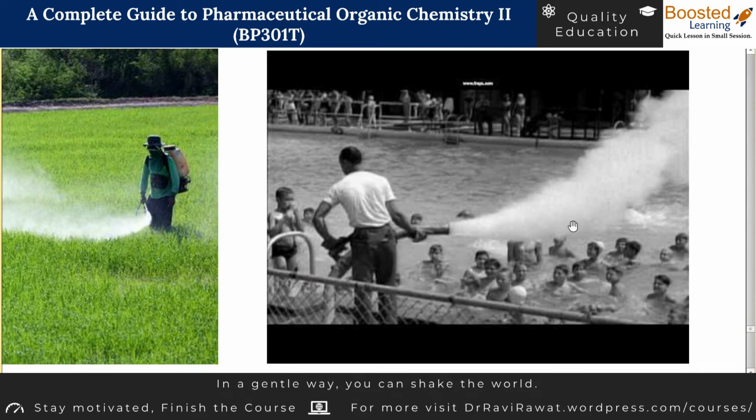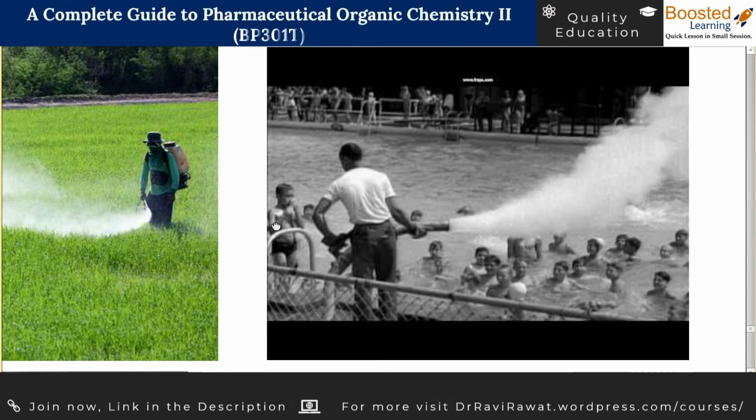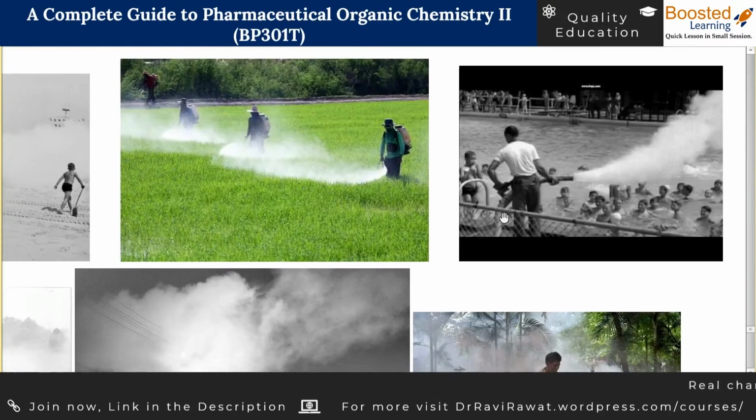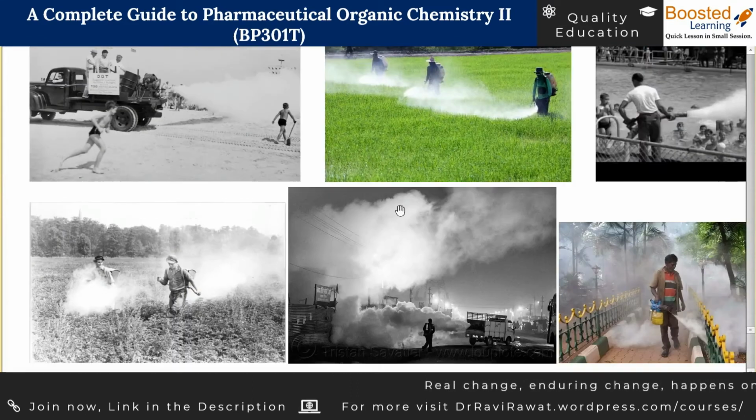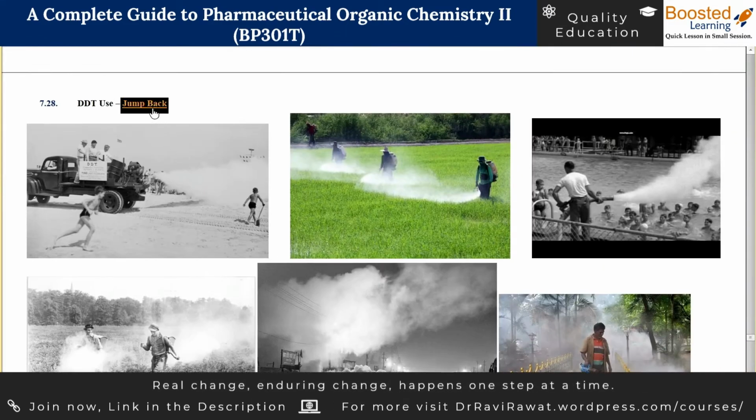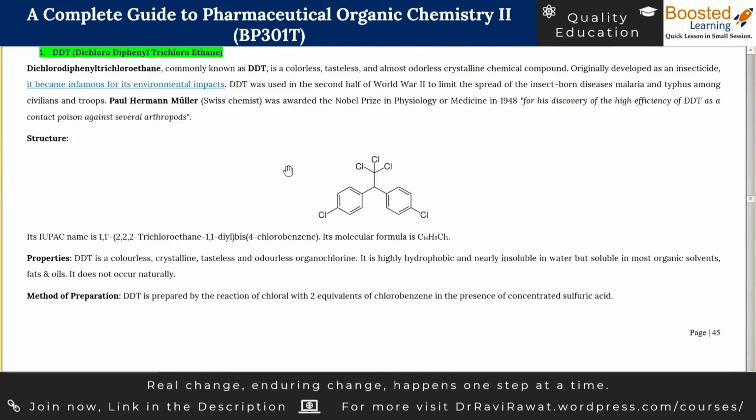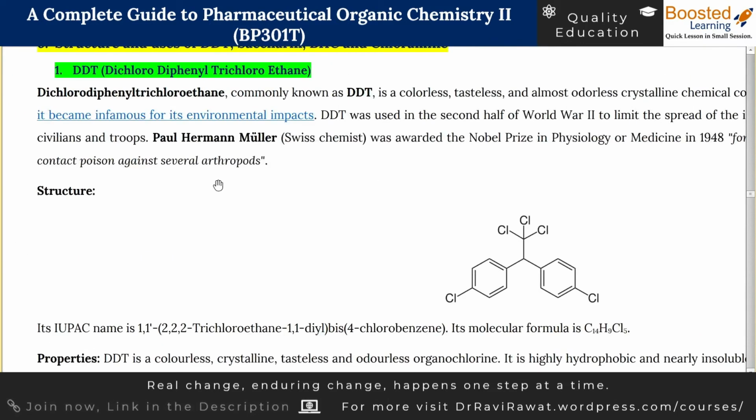So it was understood to be a safe compound that could be used for its insecticidal properties. But in the later years, roughly around 60 years of its use, it was found that this thing is very notorious. It became famous for its environmental impact. We will discuss this later on.